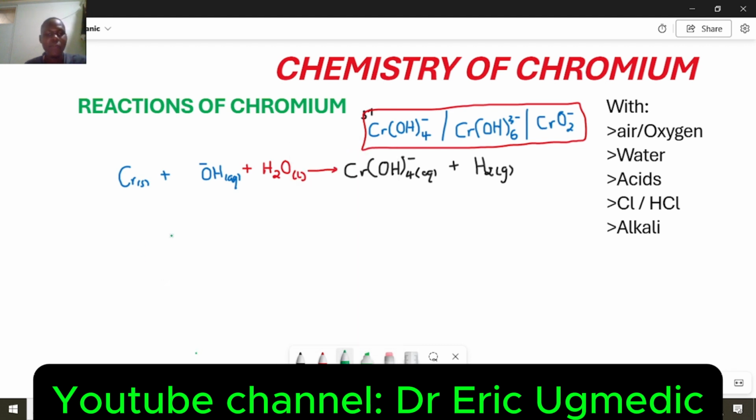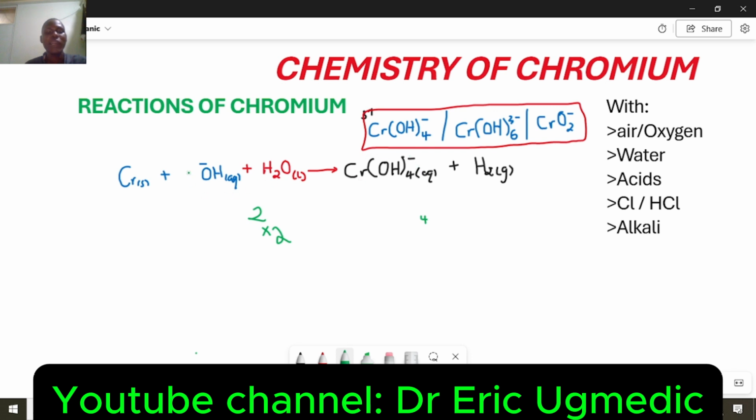So where am I starting from? Chromium is balanced. I can start from oxygen. Here I have 2 on this side and 4 on this side. So how can I make these 4? I have to multiply this side by 2. But how? Am I putting here 3? If not, am I putting here 2 and 2? Remember, whatever I do to this hydroxide will directly affect this value here.